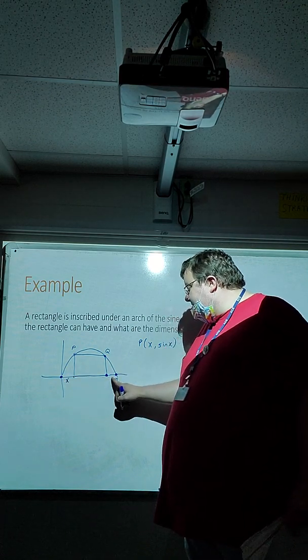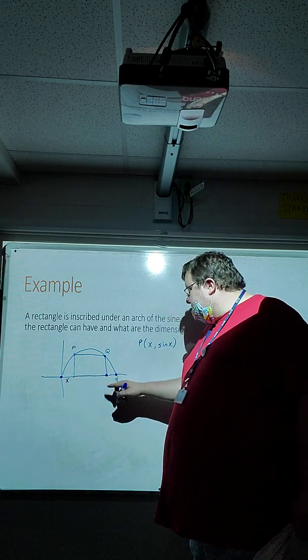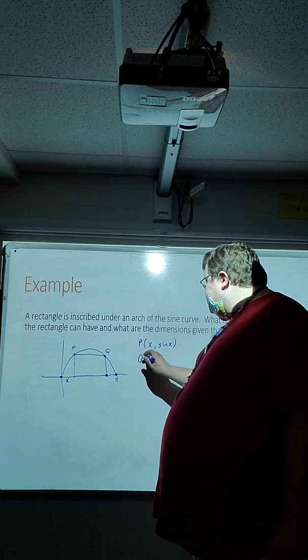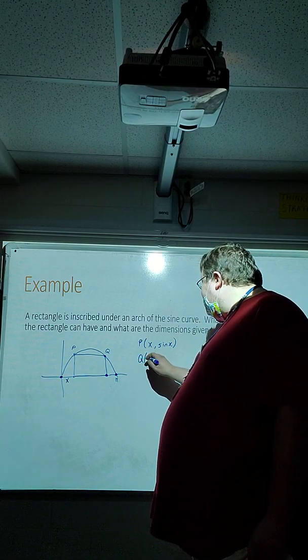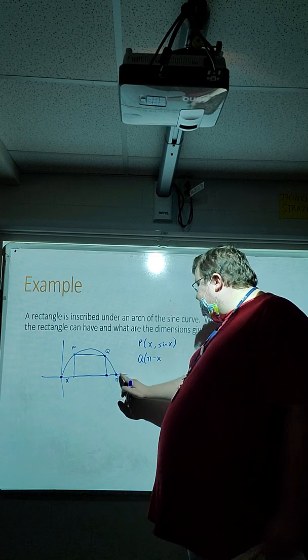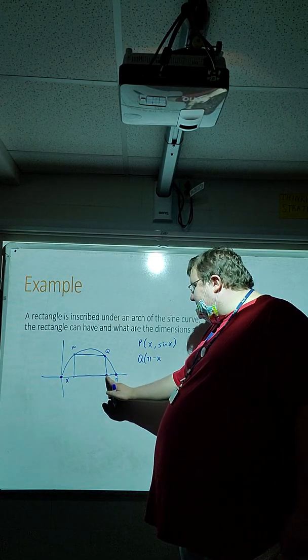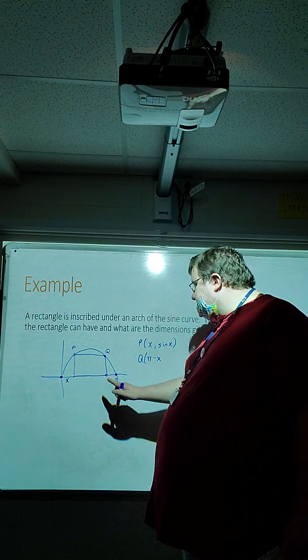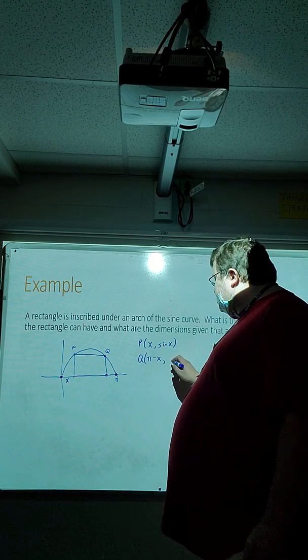So it's going to be another x. So the coordinate of this point right here, point Q, is going to have an x coordinate of pi minus x, because I'm going to take pi and subtract x off to get right here where this point's at.